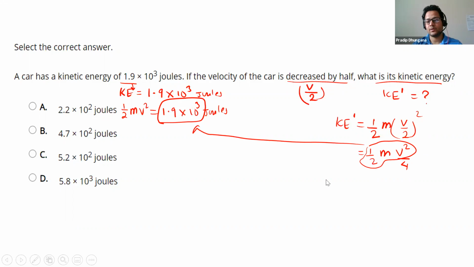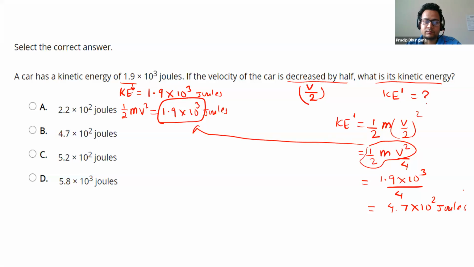So it becomes 1.9 times 10 to the power 3 over 4. Use a calculator and that will be around 4.7 times 10 to the power 2 joules. So the correct choice for this problem is B, 4.7 times 10 to the power 2 joules.